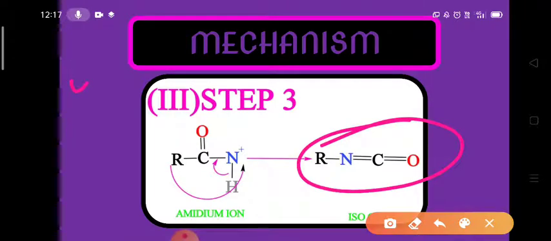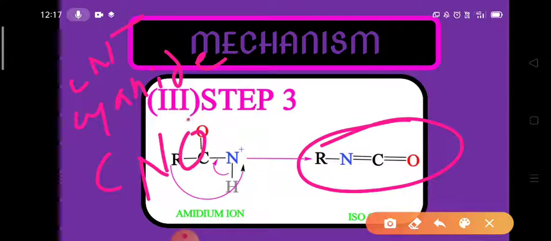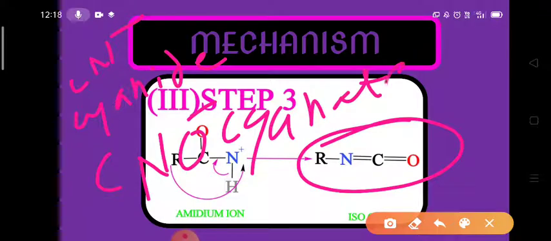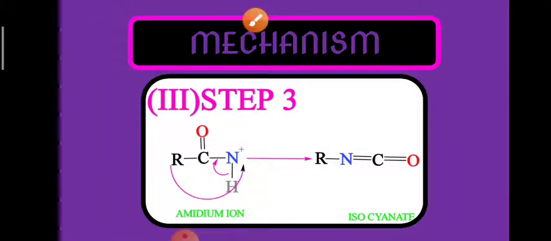Here we have to remember that CN minus is known as the cyanide, and the CNO minus is known as the cyanate.